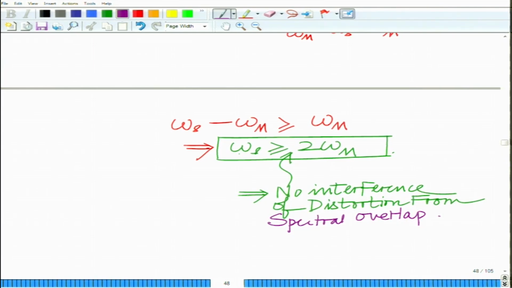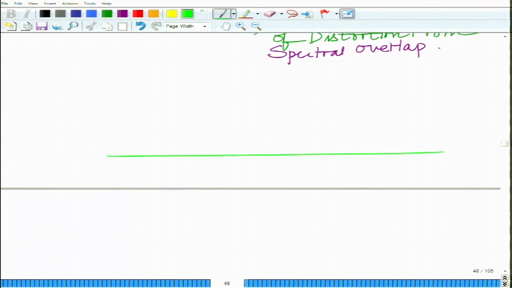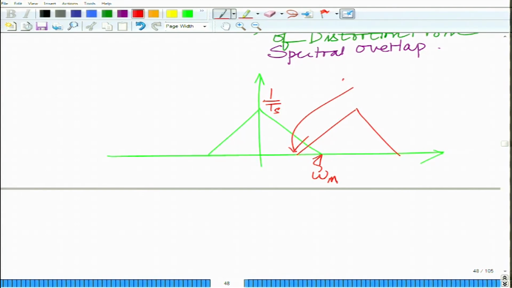However, if this condition is not satisfied, that is if omega m is greater than omega s minus omega m, then you can see what happens. You will have your original copy, that is your 1 over Ts, and then you will have another copy. So, this is your omega m and this is your omega s minus omega m, which is less than omega m.